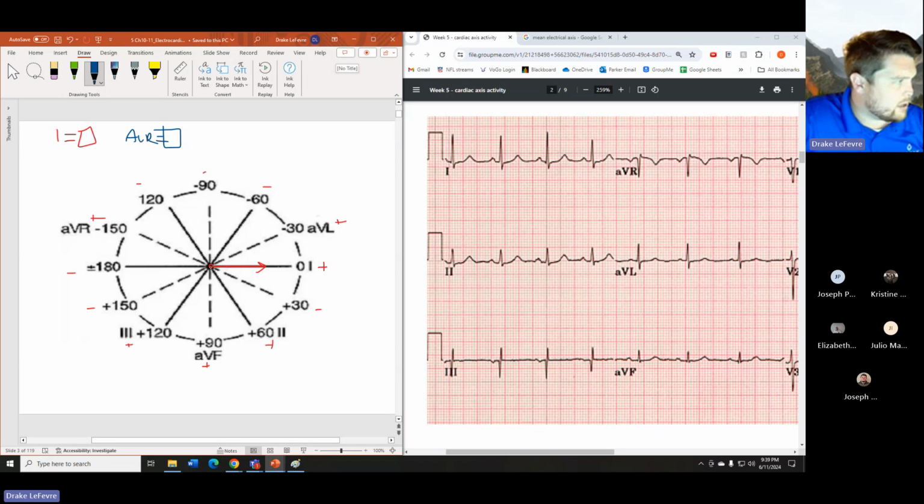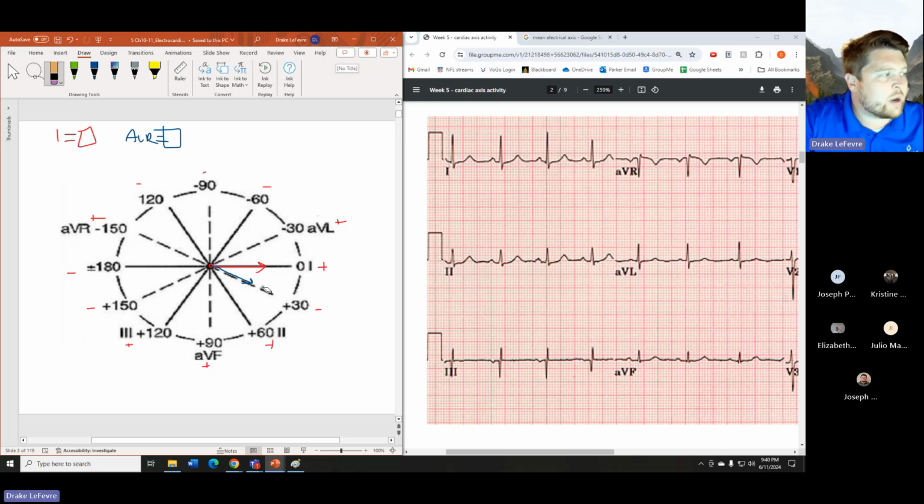It's going to be this direction here. Why is the positive 30 the negative side? Didn't you just say that positive 30 is the negative? Yes, the positive 30 direction is the negative value for the AVR lead. AVR runs in this direction from negative 150 degrees to positive 30 degrees.